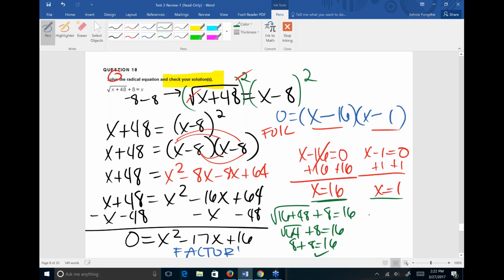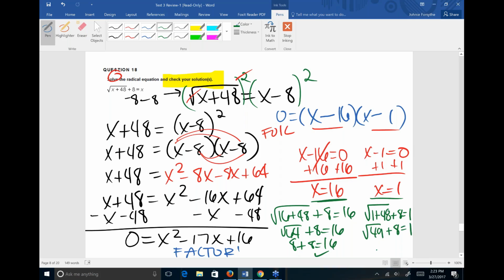Let's check the 1. The square root of 1 plus 48, plus 8 equals 1. So the square root of 1 plus 48 is the square root of 49, plus 8 equals 1.